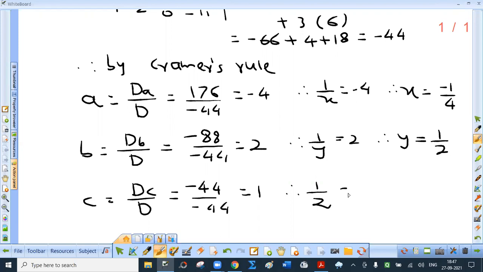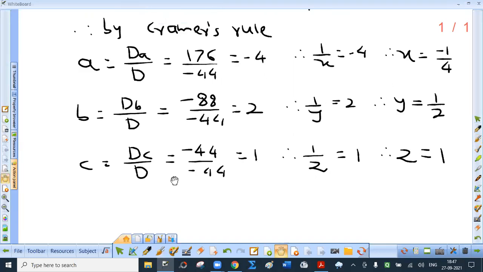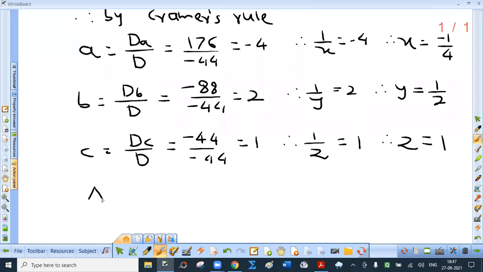So 1 upon z, because c is 1 upon z, is 1. So what is z? Z is nothing but 1. You have to write this answer separately. X is minus 1 upon 4, y is half, z is 1.